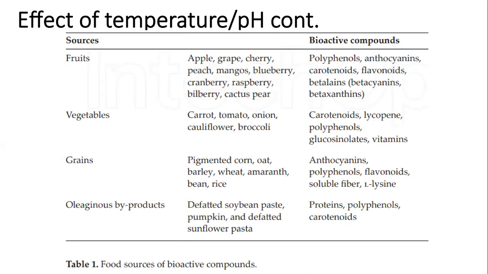I put some bioactive compounds available in food raw materials as examples. You need to understand and have knowledge about the antioxidants available in some food items, in grains and vegetable foods. I hope you have studied these before.